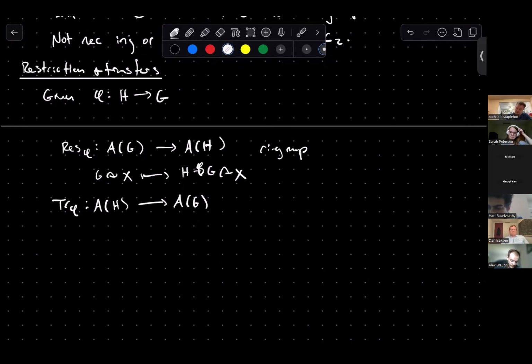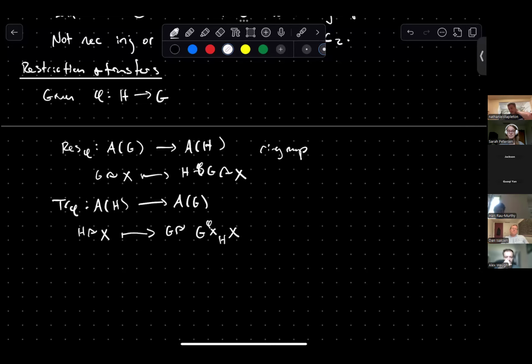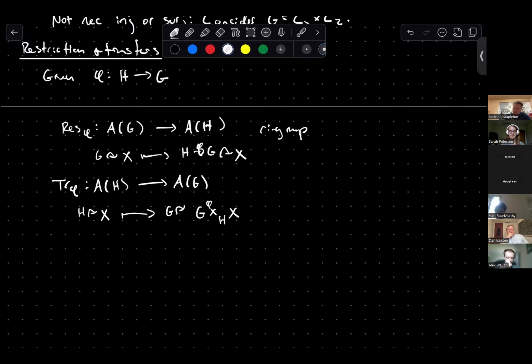And let me say how that works. So here, if I have an H set X, I'm going to do something very similar to what happens in the representation ring case. There's a kind of Borel construction that I form. So I form a G set, which I'm going to call G times over H with X, with a little phi there to tell me how H maps to G. And what is this thing?